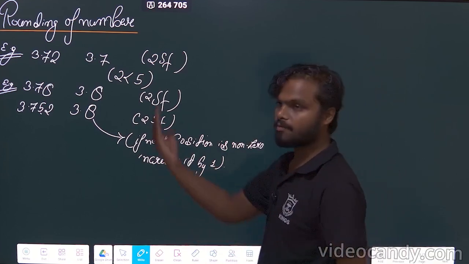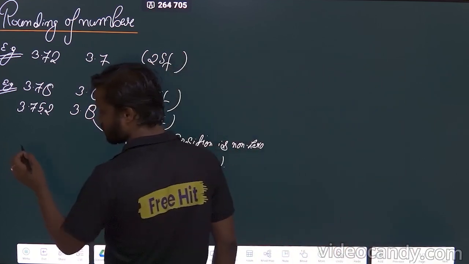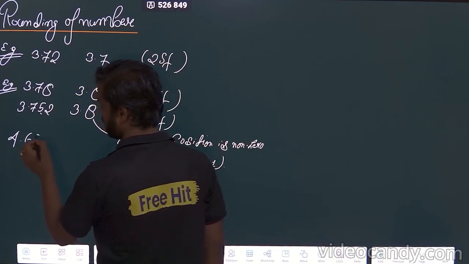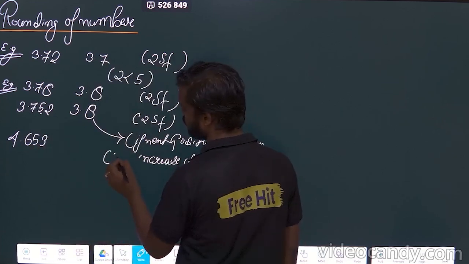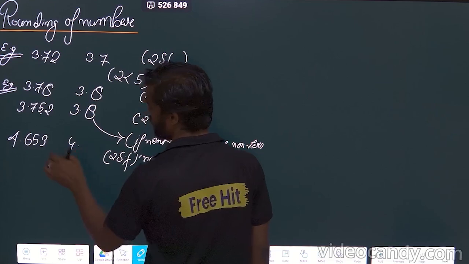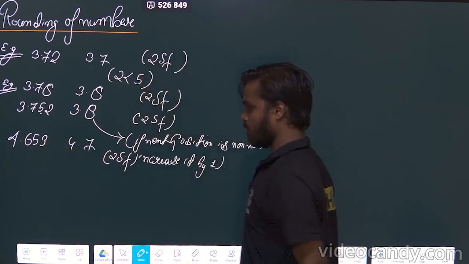That is the step you have to do. Clear? Now the next thing. Suppose it is 4.653. What will you do? Again you have to round off to two significant figures. You will simply write 4, and see, the next number is non-zero, so it will become 4.7. Simple. Now the next rule.